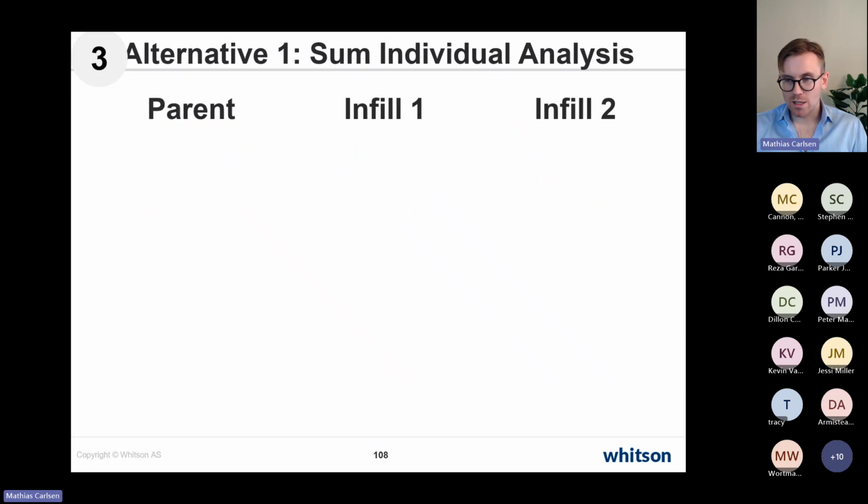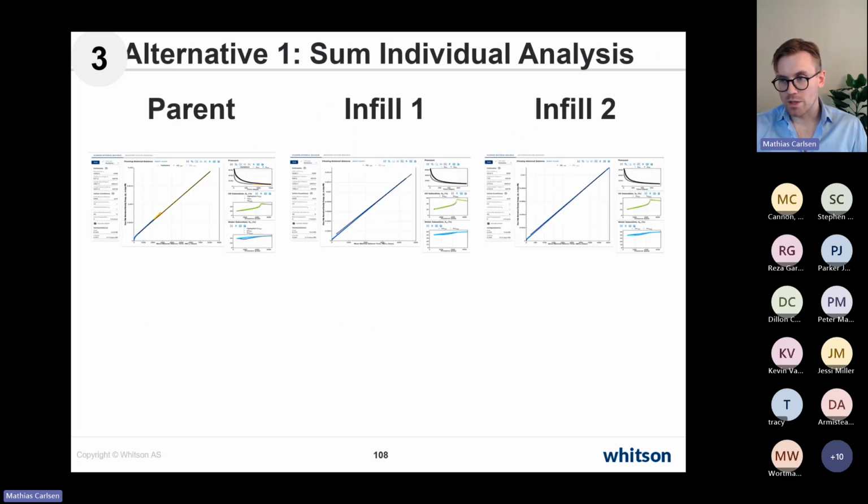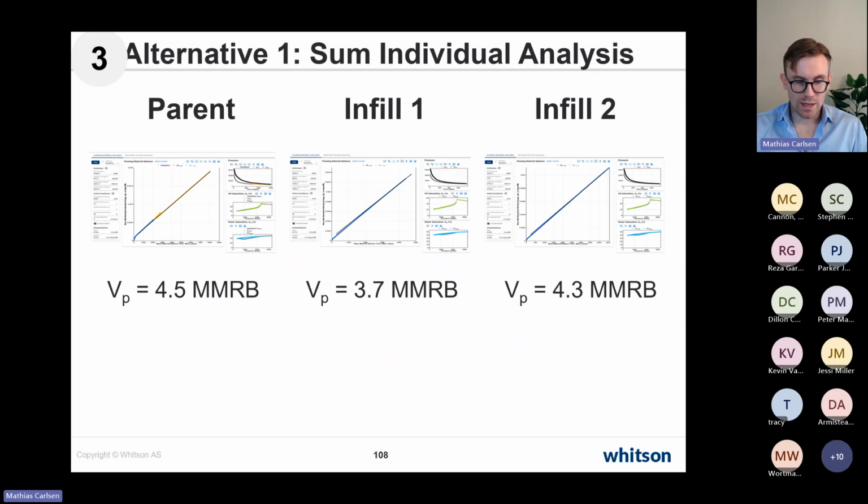And if you do that in this case, you'll end up with this example right here. So you get the parent well. Since the parent well is draining its basically stimulated rock volume and a little bit beyond the frac tips, that pore volume will be the largest of the 3.